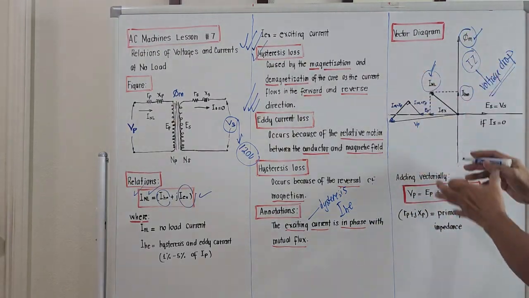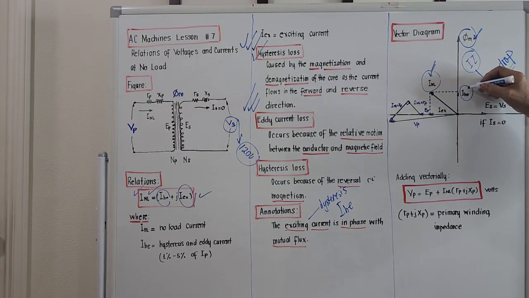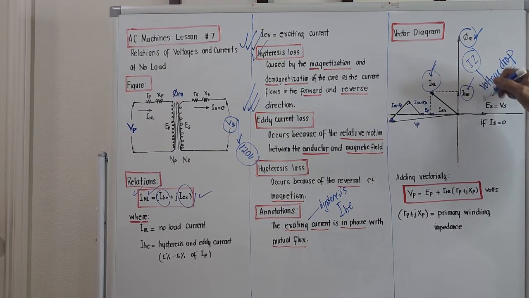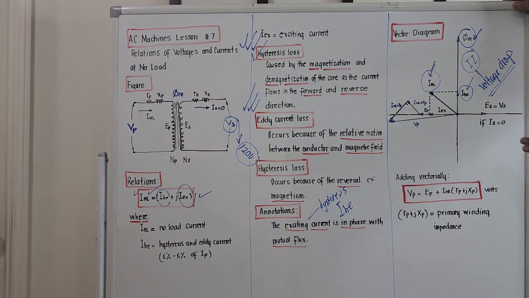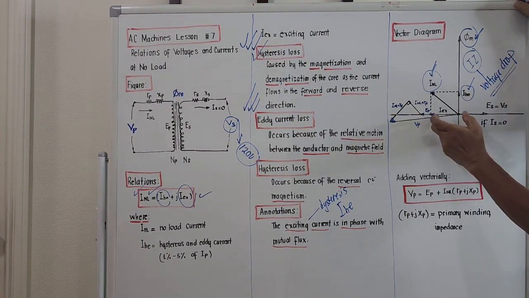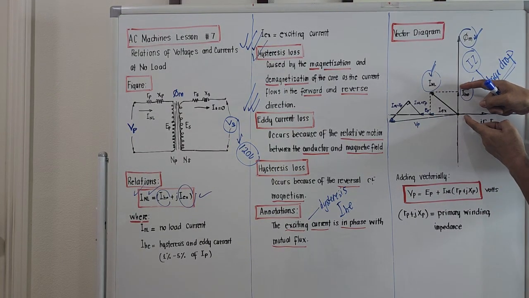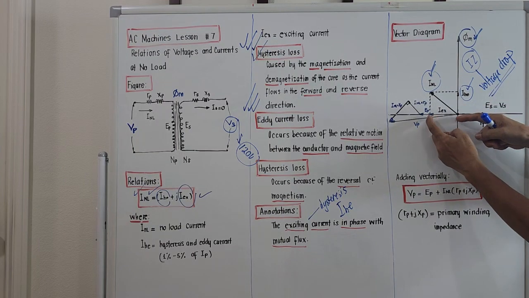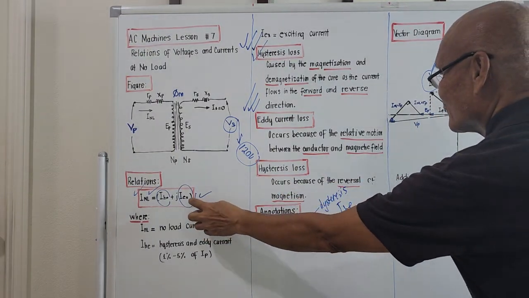So if we bring out the vector diagram, if this is the mutual flux, this is the current due to the so-called hysteresis loss, that is capital letter I with the subscript HE. And the exciting current goes to the left. So the vectorial sum of I_HE plus I exciting has just this equation here.